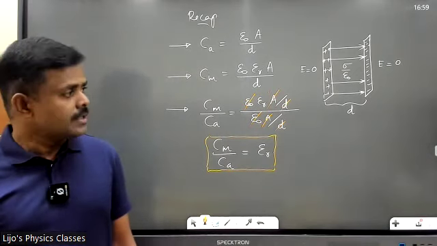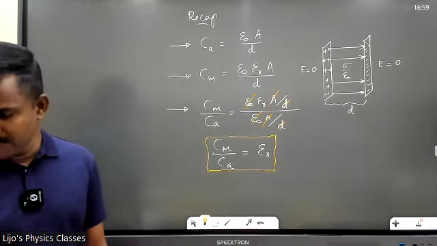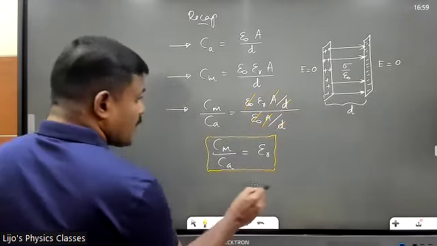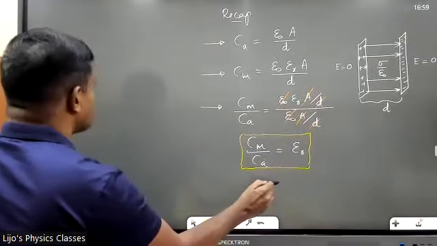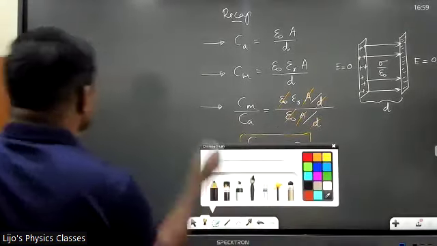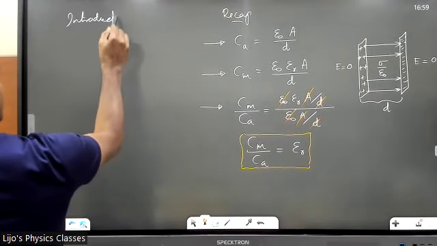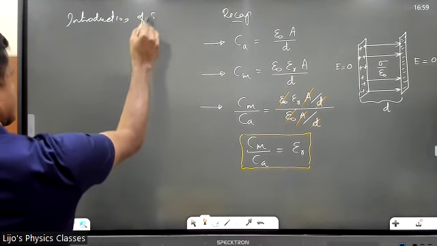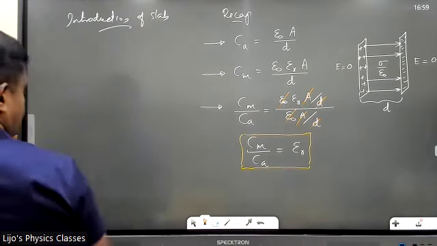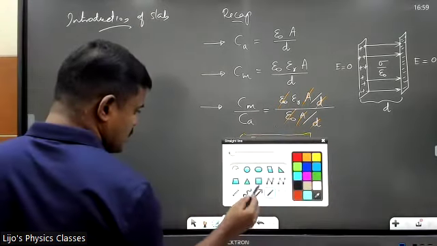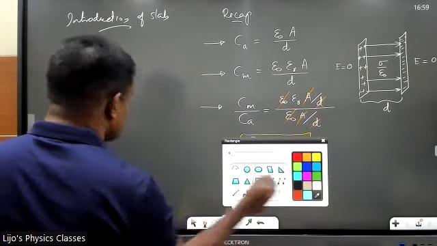Okay. Now I'll write today's topics. Tell me when it is finished. Now you can write this: introduction of a slab. You are going to introduce a slab into a capacitor. Draw the capacitor first.